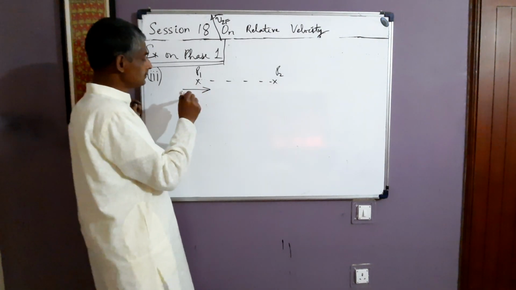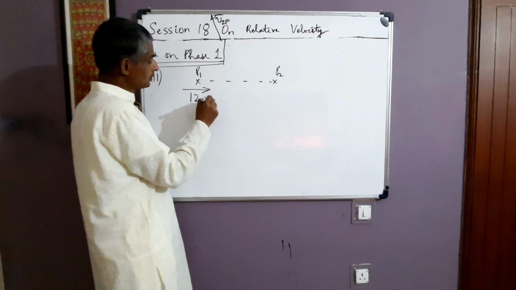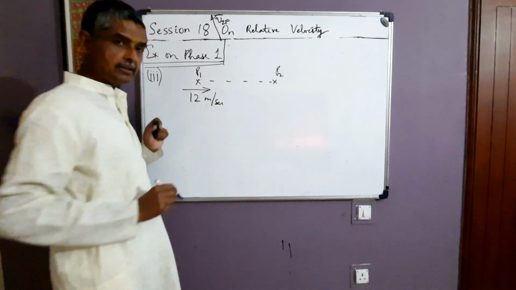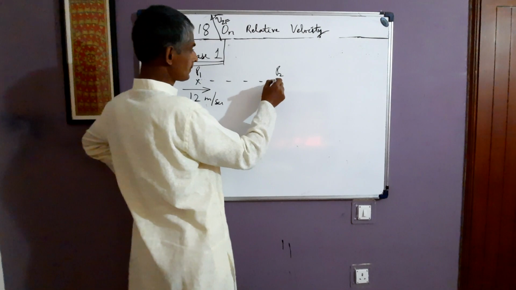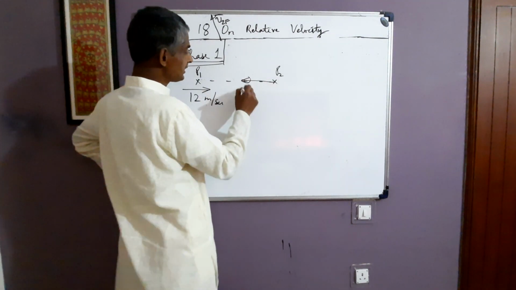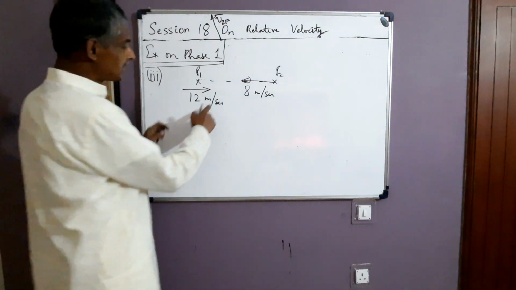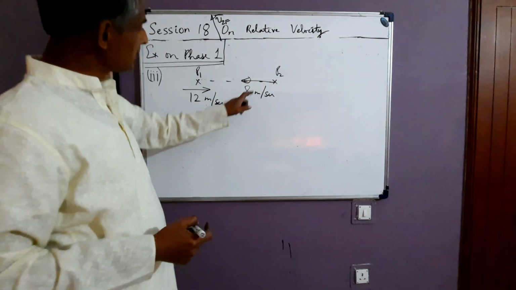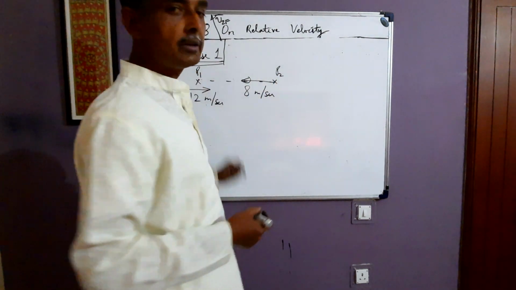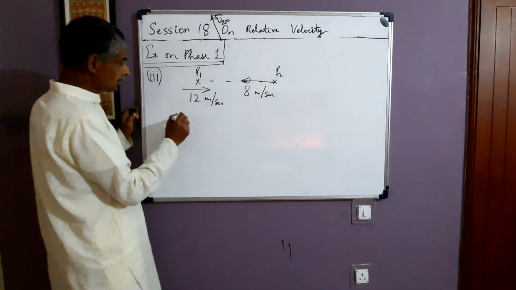P1 is say 12 meter per second, and P2 is say 8 meter per second. Both are velocities with respect to ground, and we have to find the relative velocity of P2 with respect to P1 in ground frame.